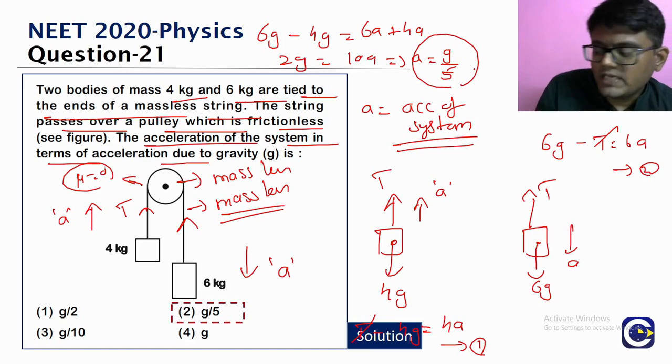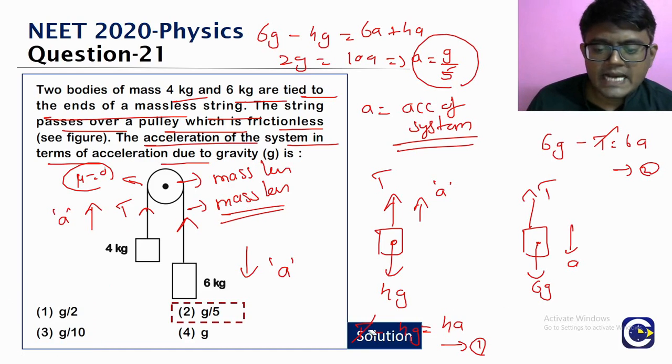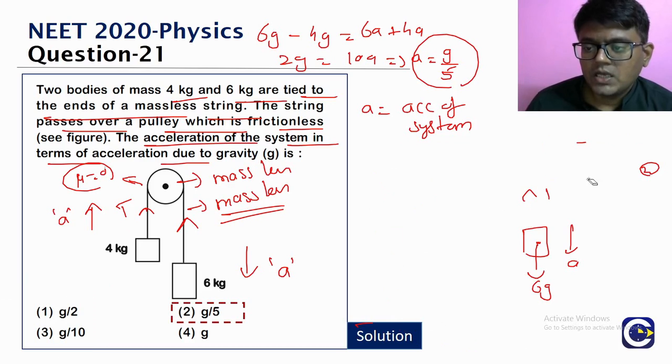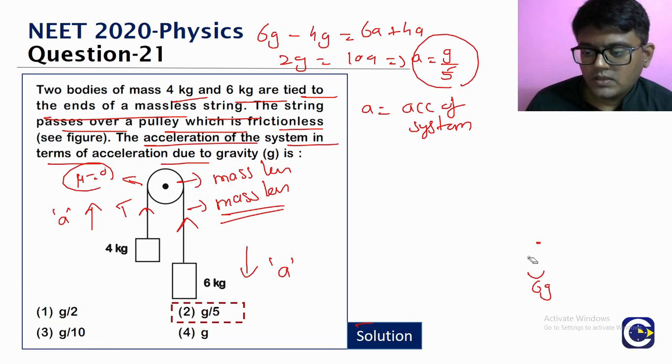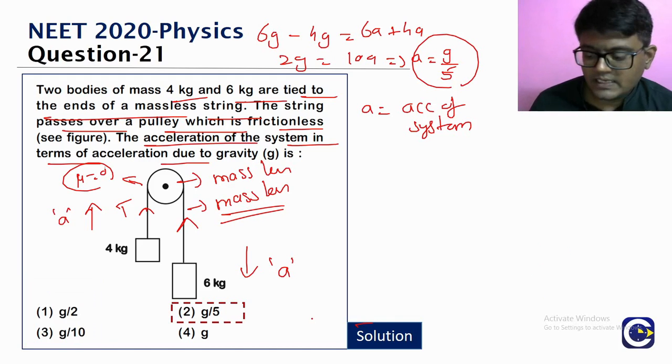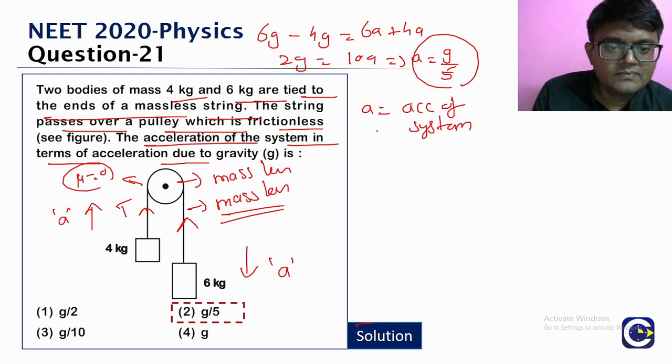Okay. So here we'll sometimes remember the standard result also. That is, if you have two masses M1 and M2 which are hanging across a pulley, under the assumptions that the rope is inextensible, the pulley is frictionless, and the string is massless as well as the pulley is also massless.